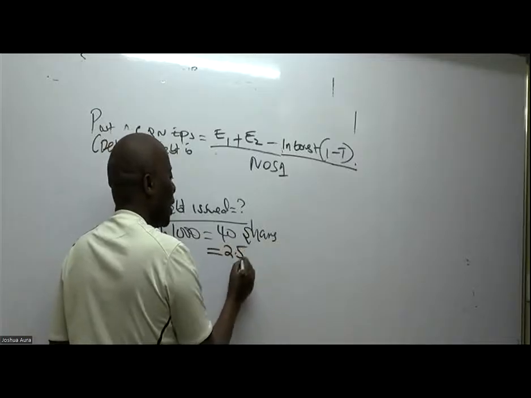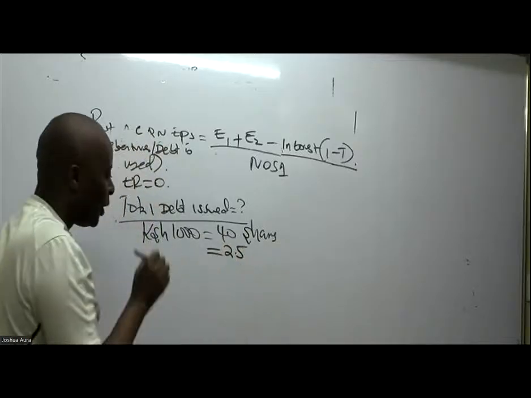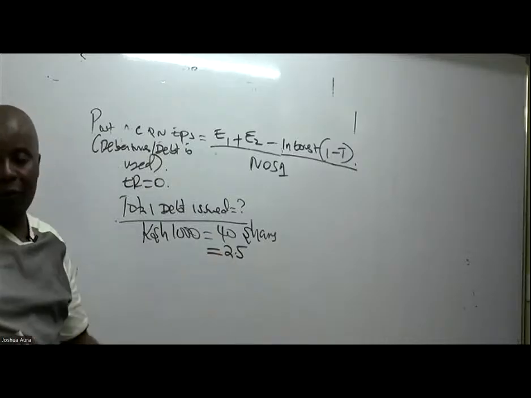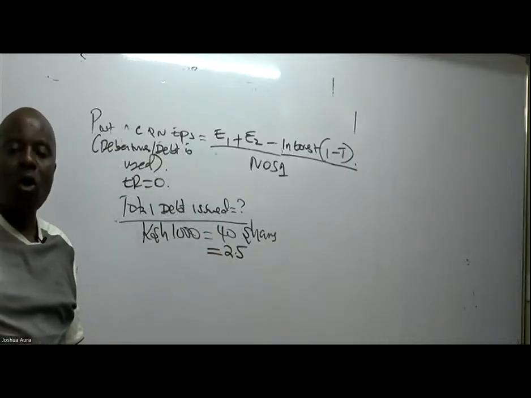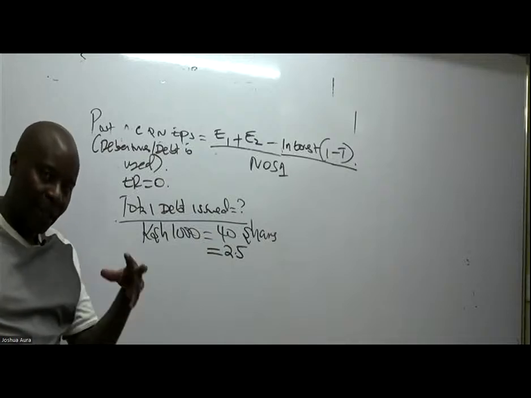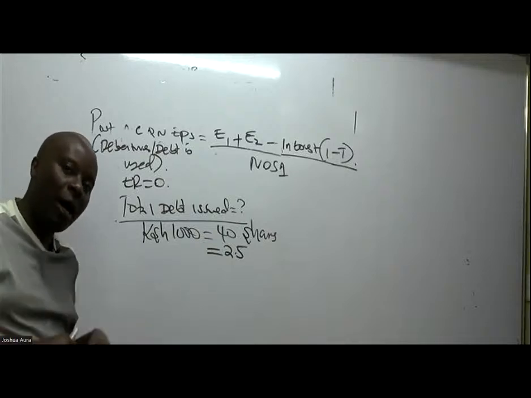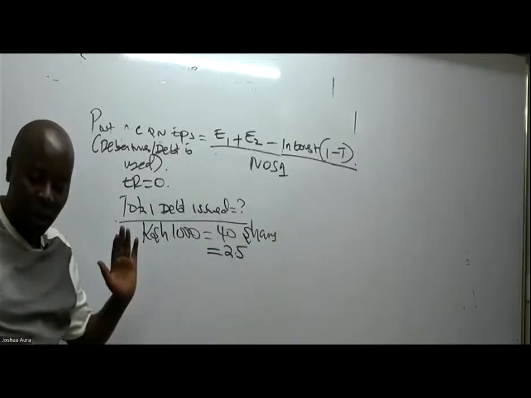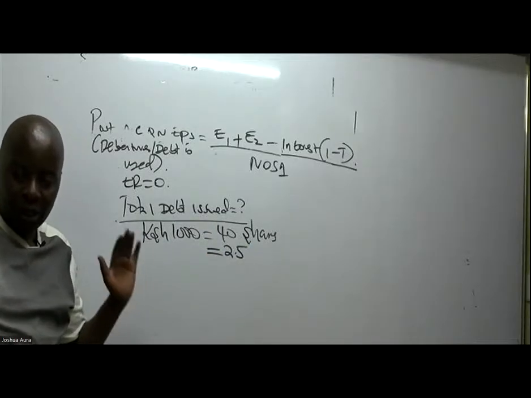We are asking ourselves, how much debt shall we give when we acquire 2.5 million shares of the targeted company? Remember, it is the targeted company that is being acquired. I know this is millions, but just leave the millions away.